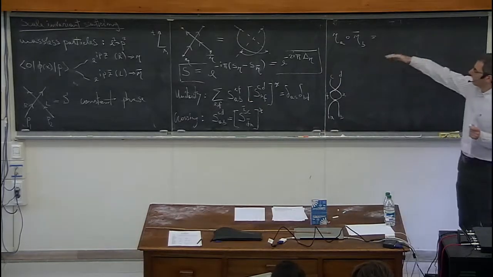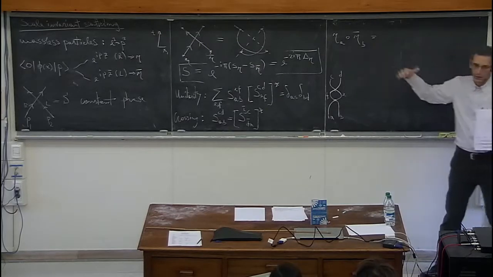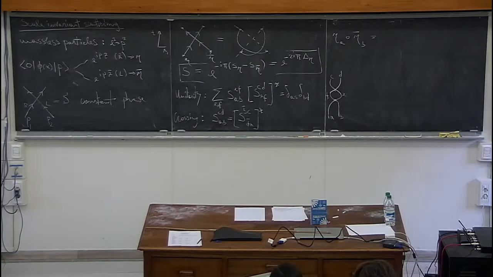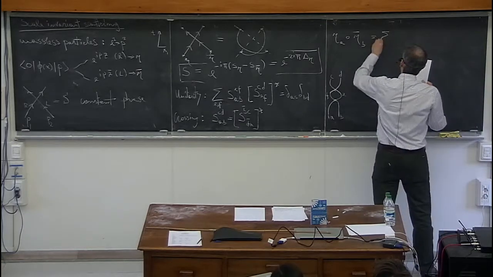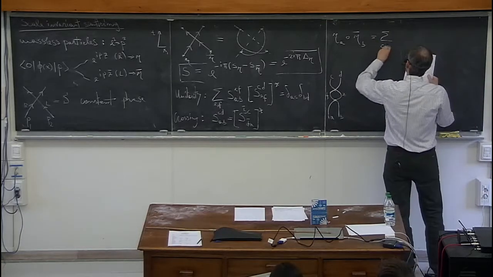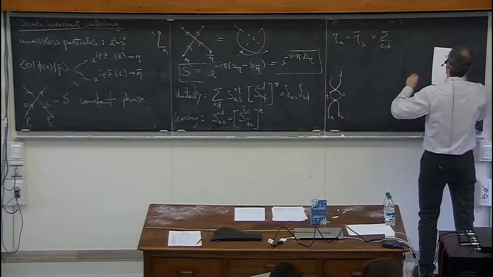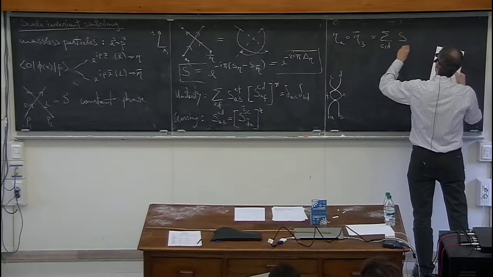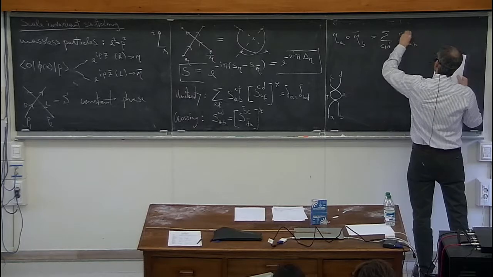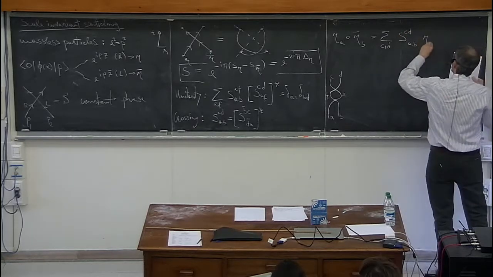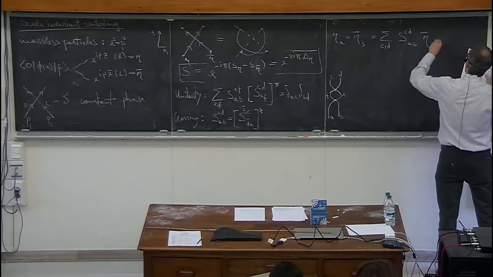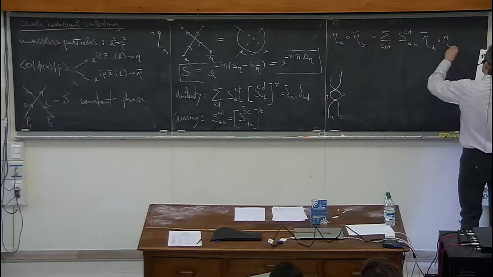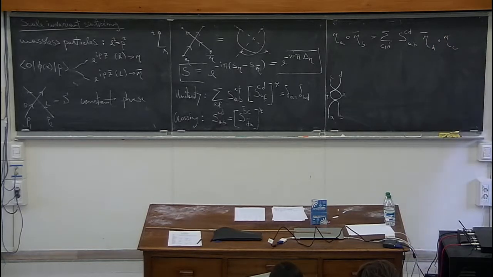And I have to consider, given this initial state, all the possible final states. And so this is something I codify, saying that I sum over the final particles with the amplitude S_ABCD. And I have the right and left movers now exchanged in their position.